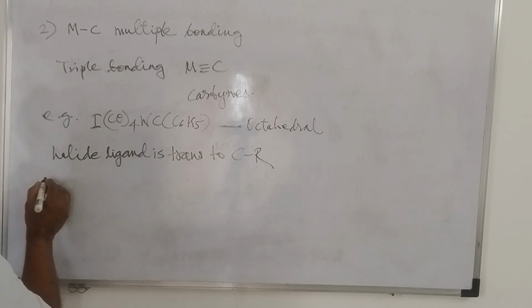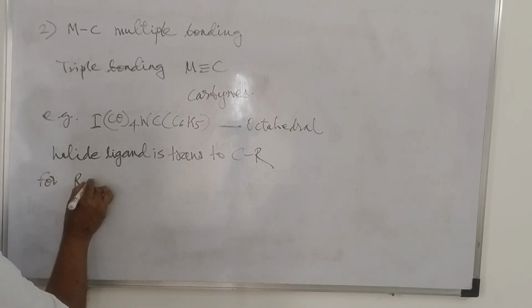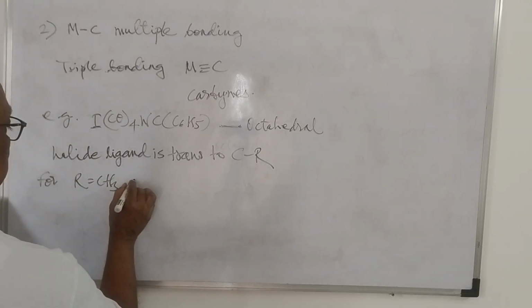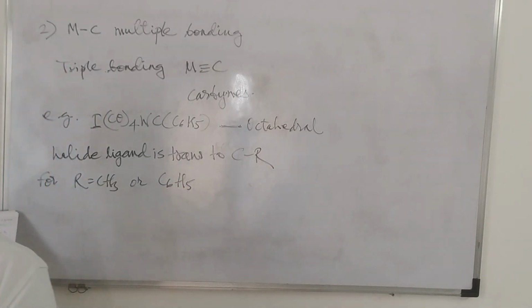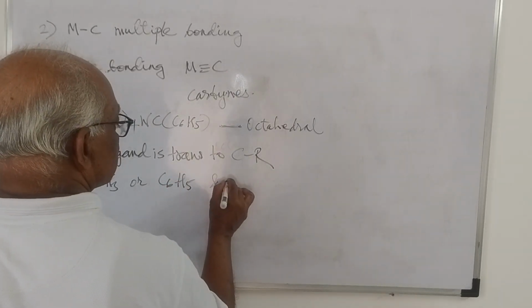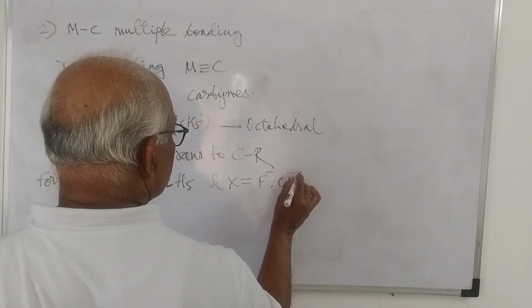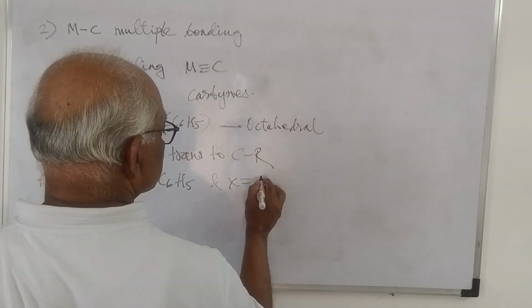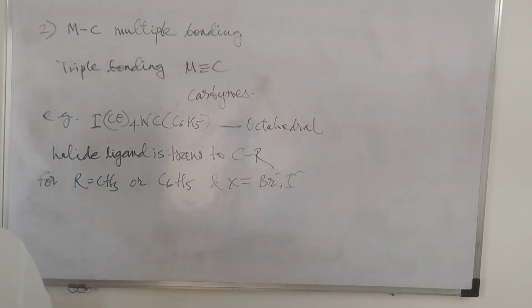Dimensions here are for R equal to CH3 or C6H5, and X equal to F minus, Cl minus, Br minus, and I minus.